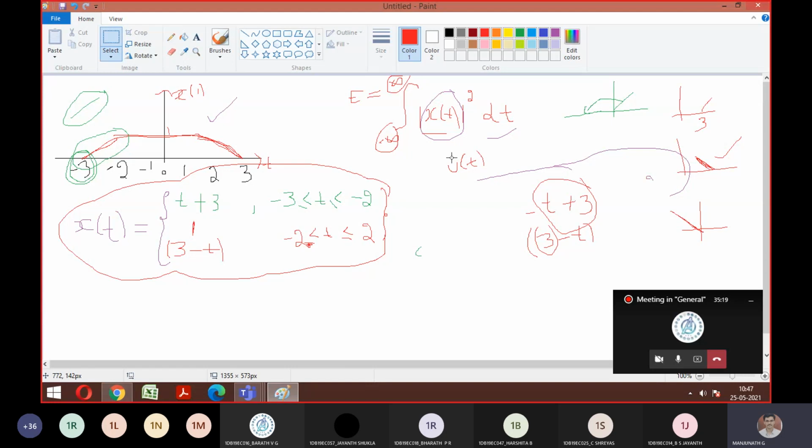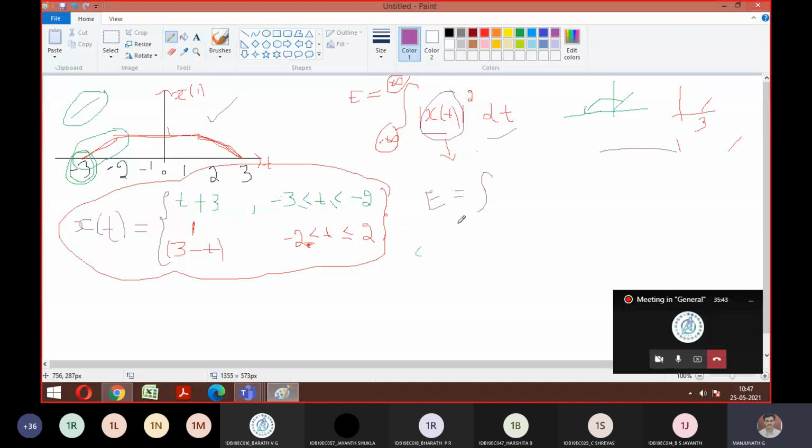If you understand this much, the remaining part will be easier. If you are able to get this equation, then we have a formula with us. I told you to split it as x1, x2, x3, x4. If it is 4 times, now it is only 3, so you can get your energy. E is equal to: split everything, apply your integration and tell me the answer. I'll show you how to split.